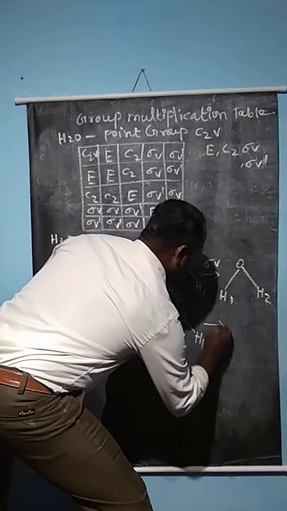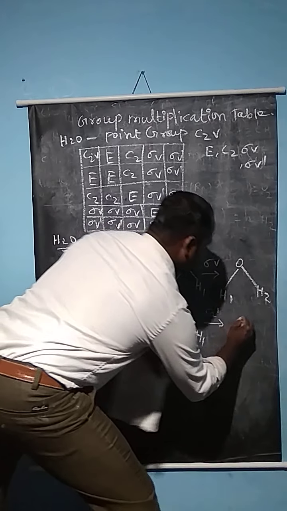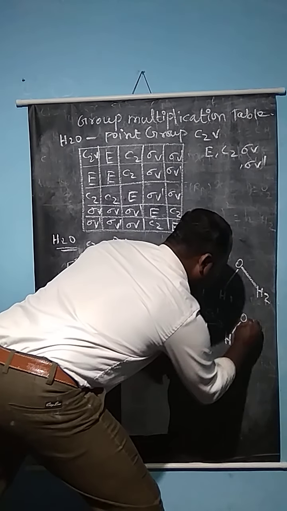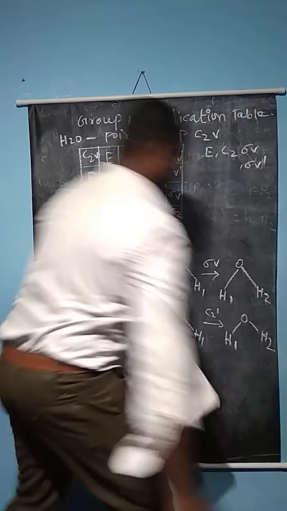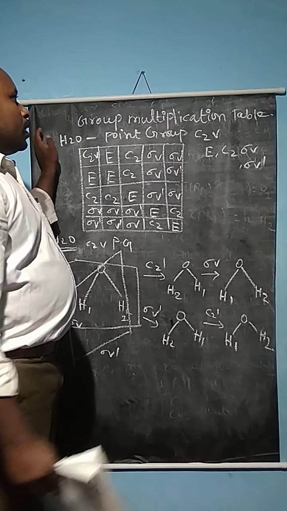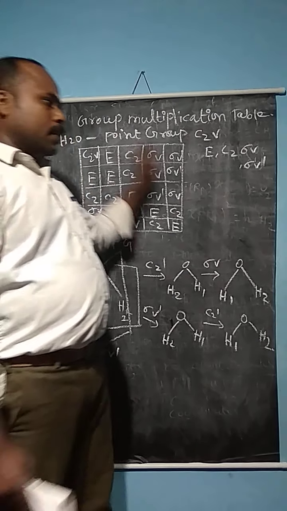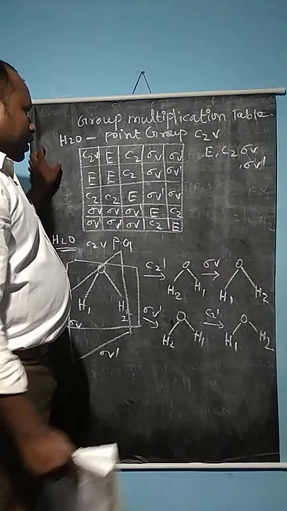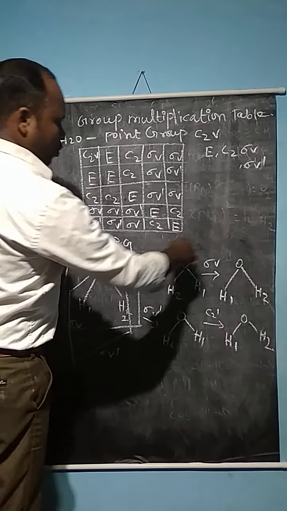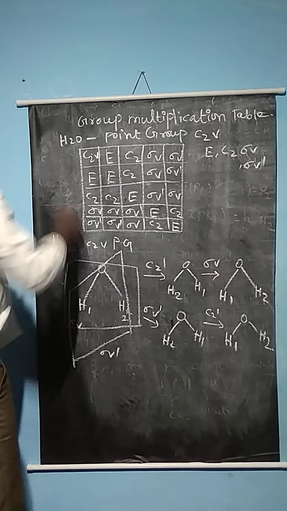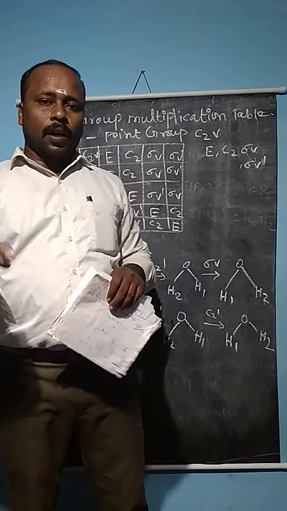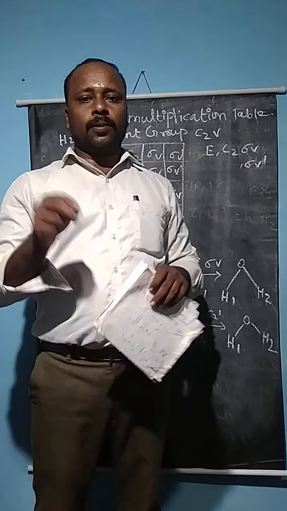If you perform the operation of C2 one time, the original molecule gets the configuration of H1 and H2. So these are the important theorems in the group multiplication table. So the water molecule obeys the abelian group law. With this, group theory is almost completed. Thank you, students and viewers.